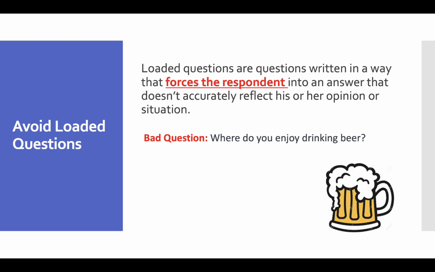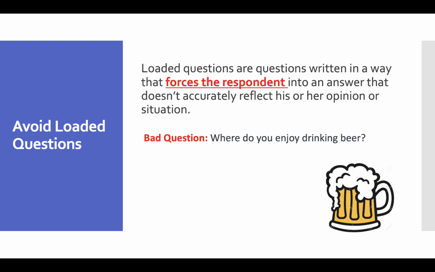So maybe the first question is, do you drink beer? Yes or no? If the answer is yes, then you could follow up with the other question. If the answer is no, you skip the question because they don't enjoy drinking beer.